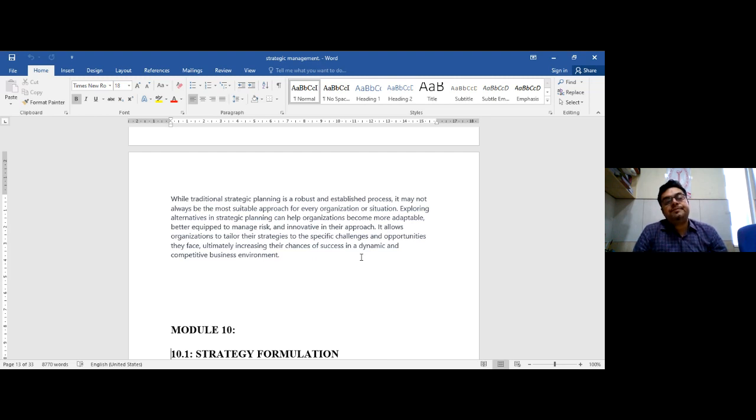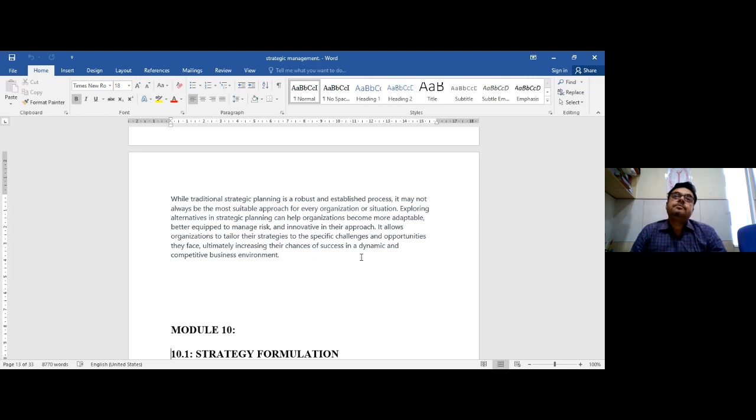It allows organizations to tailor their strategies to the specific challenges and opportunities they ultimately face, which increases their chances of success in a dynamic and competitive business environment.